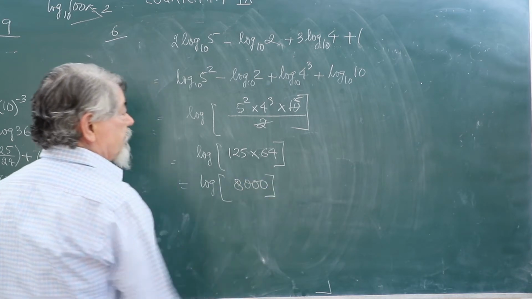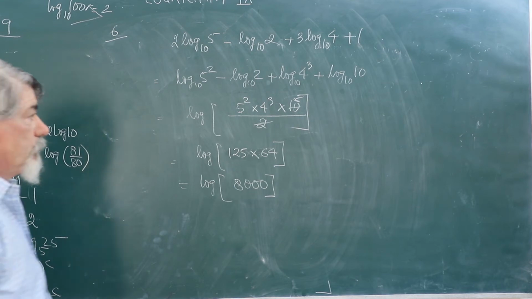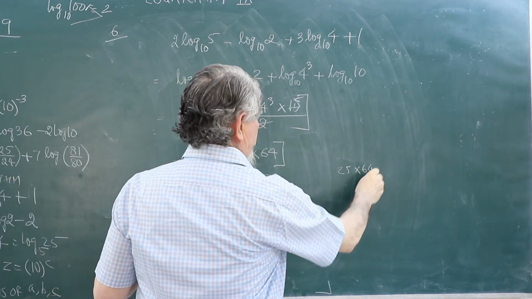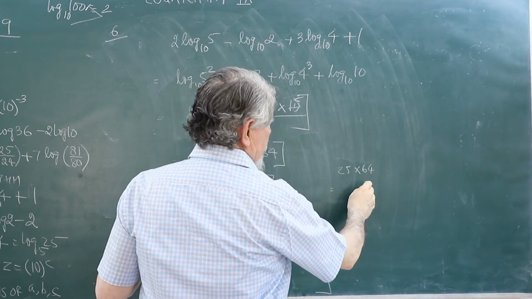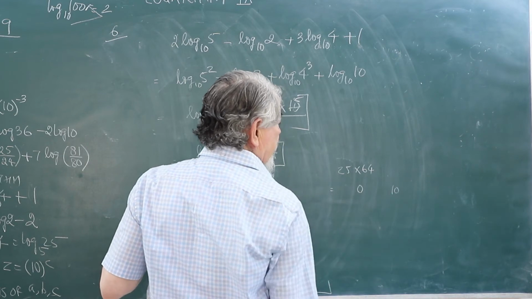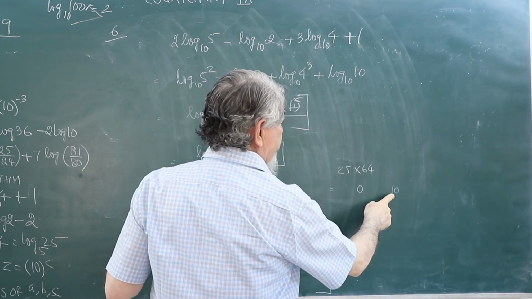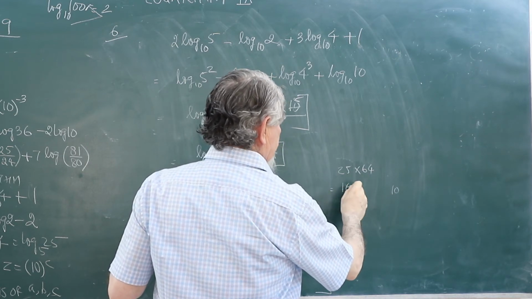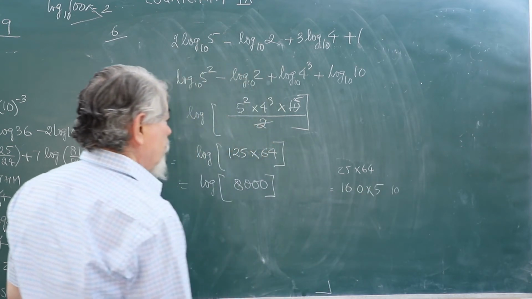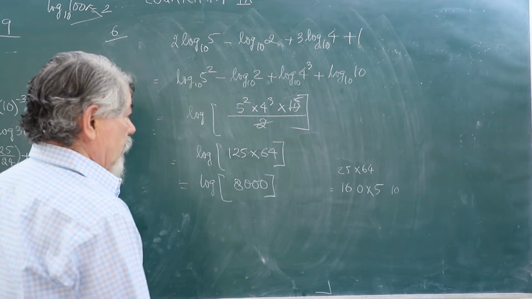If you multiply this, it will come 8000. What was it? 25 into 64. 13 4s are 25 4s are 100. 10 will be carried. 25 6 are 150 plus 10, 160 into 5 into 5 again. So how much will it be?